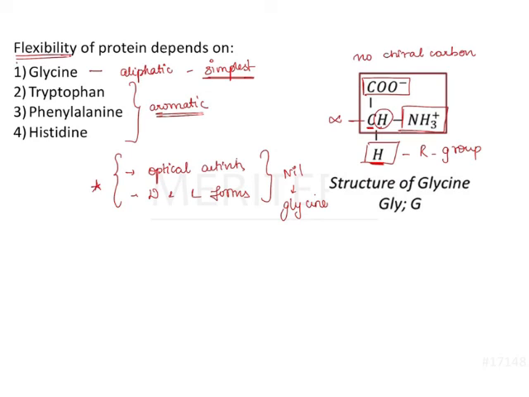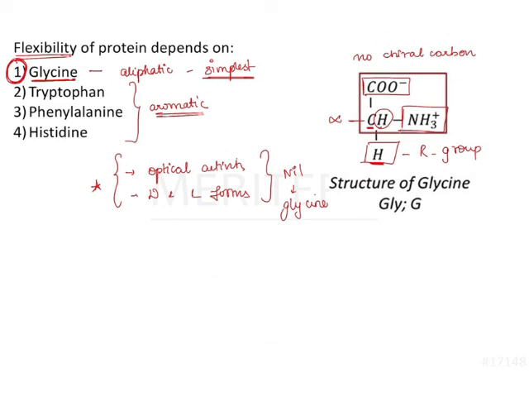That is, since it is the simplest structured amino acid, or the smallest amino acid out of the 20 amino acids, because of its smallest and simplest structure, it can be accommodated within any bends and turns in the polypeptides and within the various protein structures, because of which the flexibility is said to be contributed by the amino acid glycine.